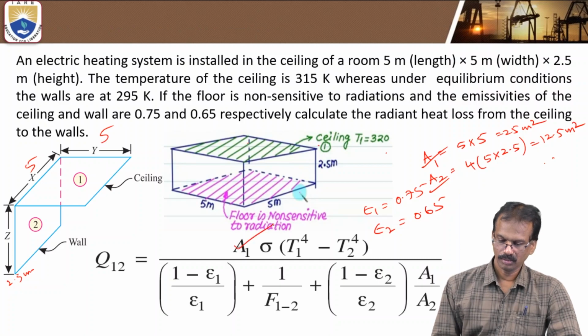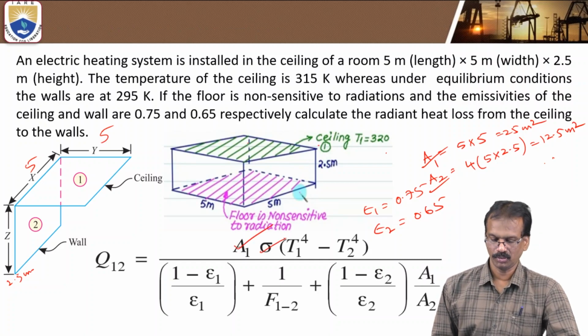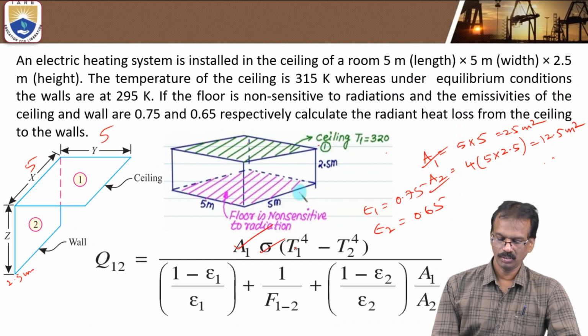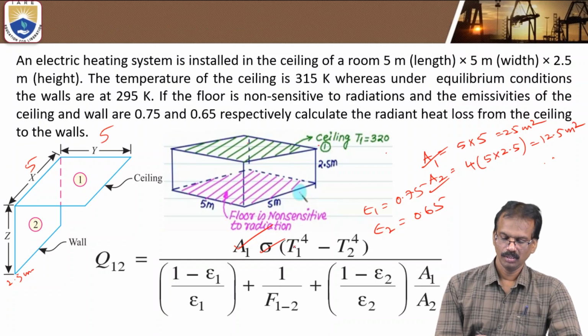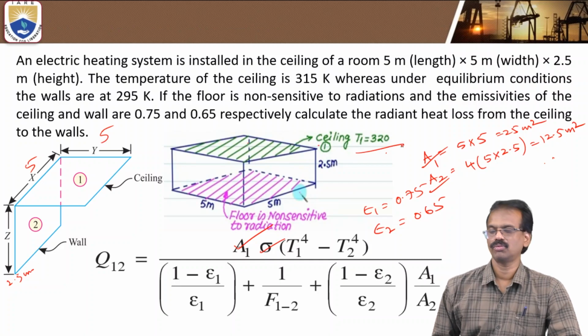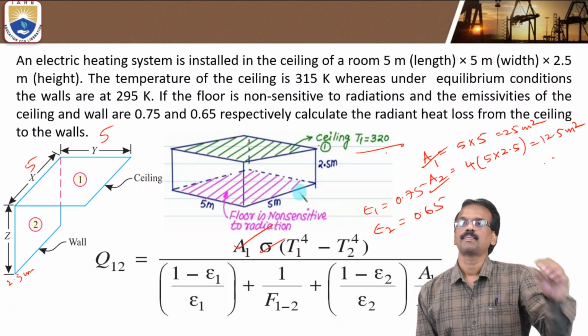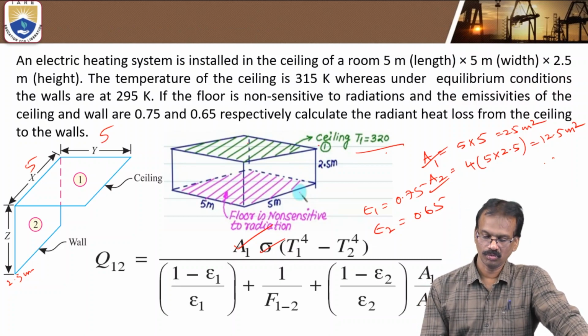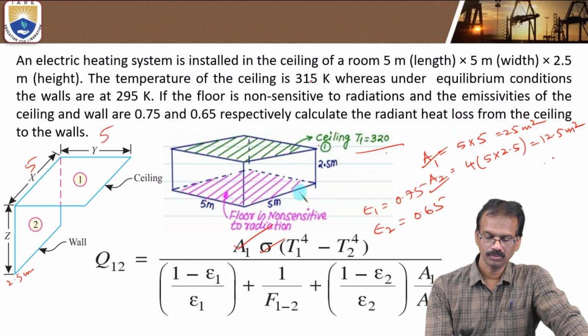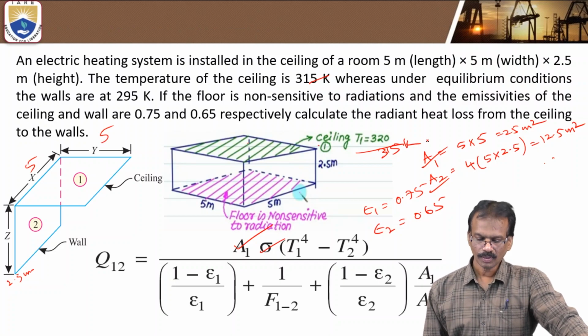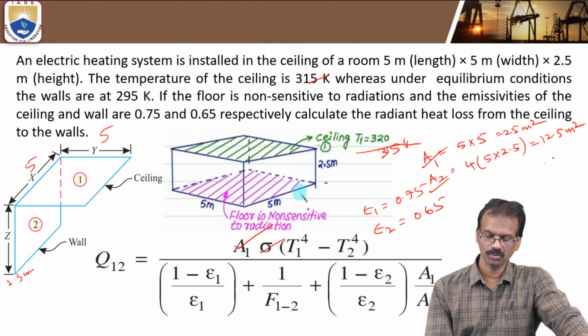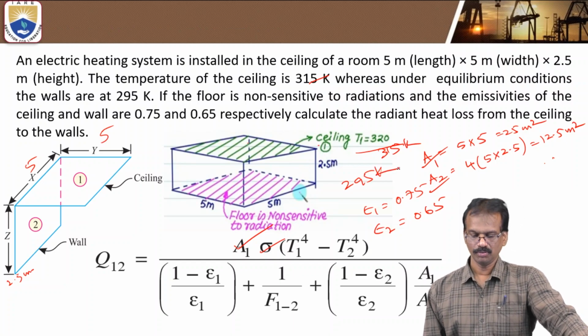You know the area, and you know the sigma value, 5.67 into 10 to the power of minus 8. Temperature of the ceiling, T1, is equal to 320. Ceiling is equal to 315. So in this numerical, 315 Kelvin, and room temperature is equal to 295 Kelvin. So all these values, you know this.